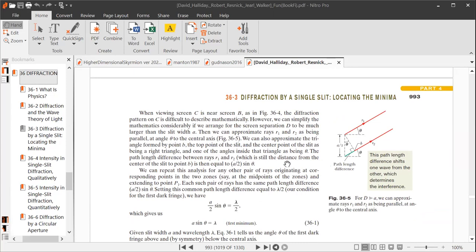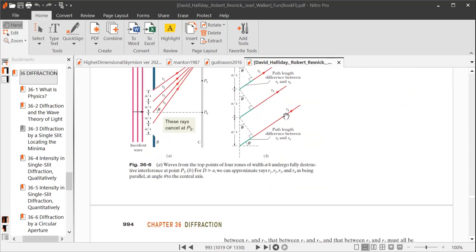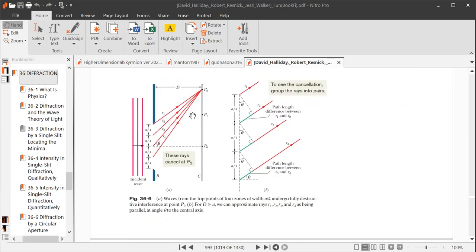Yesterday we derived the first minimum of the single slit diffraction, like this. Basically, the diffraction is nothing but the combination of infinitesimal interference.